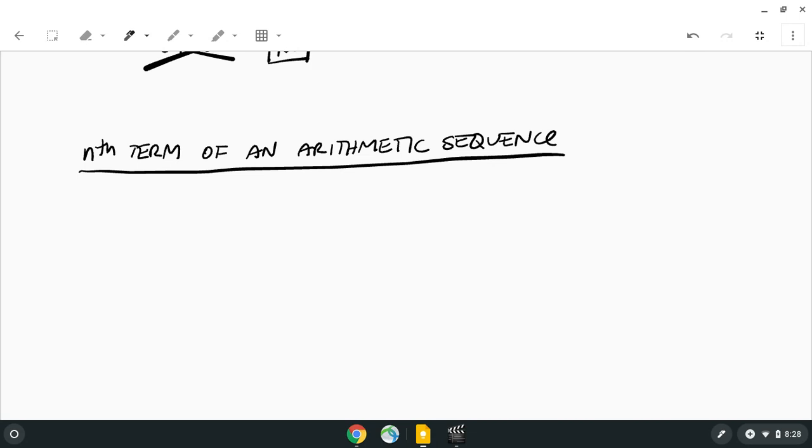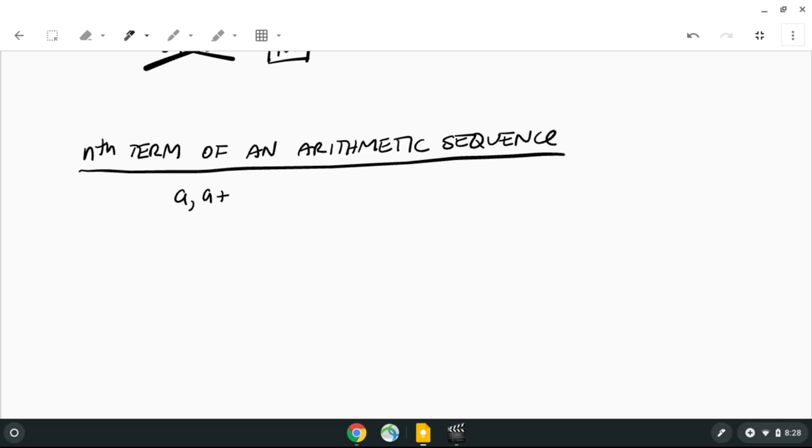So what happens is when you have your sequence, because you have that same difference every single time, to get to the next term, if you know your first term and you know what that difference is, let's say it's 3, then all you would do is add 3 to that term.